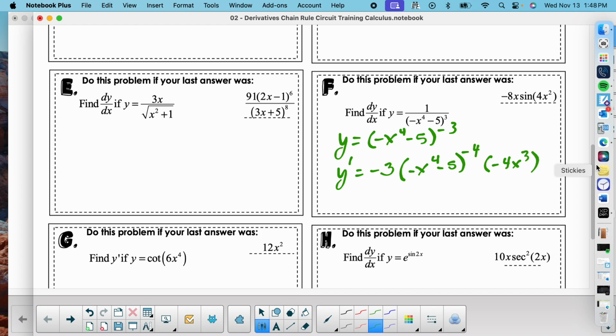The answers have to be simplified like multiple choice answers. So this one would be simplified, negative 3 times, this parentheses doesn't have a power on it, so we can combine those two things. This would turn into 12x cubed on the numerator. On the denominator would be this negative fourth power as a positive fourth power.